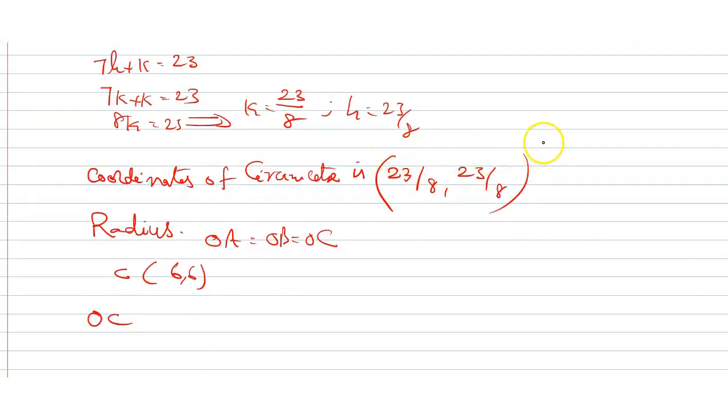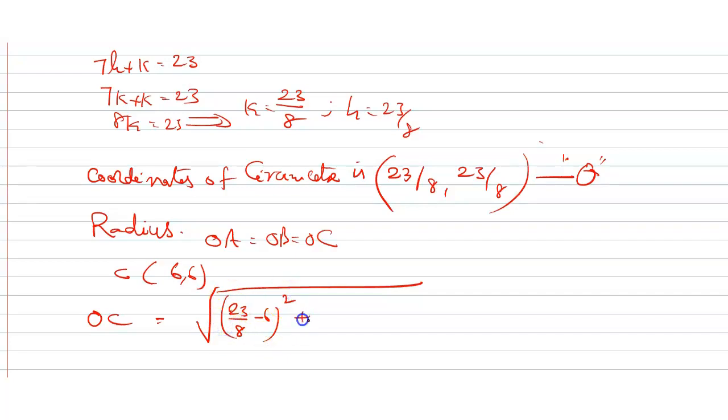O is this. Now we got it. This is O. Coordinate is, we are calling it as O. Or this is circumcenter. This OC is equal to distance between this and this. That is square root of 23 by 8 minus 6 whole square plus 23 by 8 minus 6 whole square.